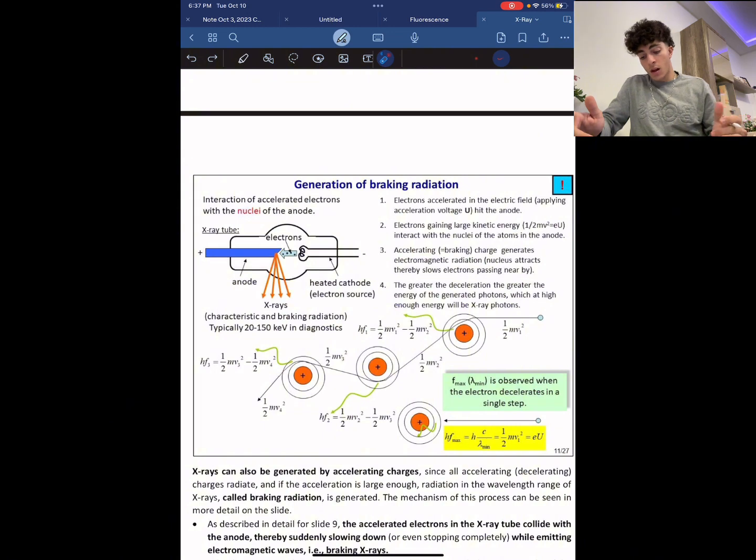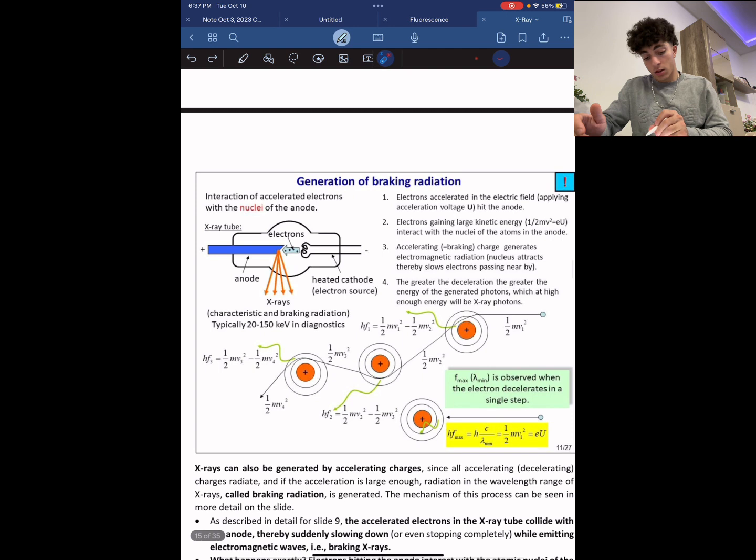What does that mean? So, we have the same exact setup. We have a heated cathode in a glass tube vacuum. The electrons are shot at the anode, and the anode is then ionized, okay? But here's the difference. They're not ionized all in one step. They're very random, actually, and they're typically between 20 and 150 kilo electron volts.